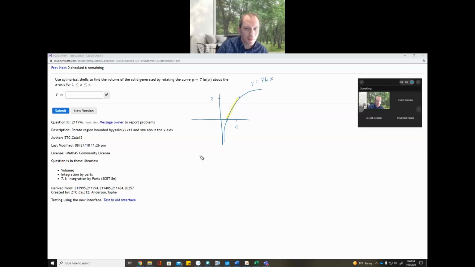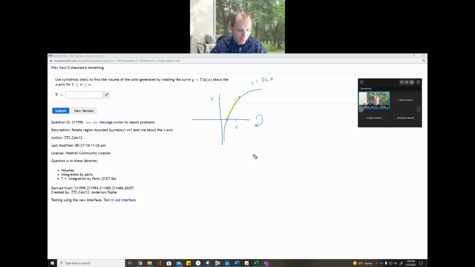Okay, and then we're rotating the curve about the x-axis. About the x-axis. Okay. One of the ways that I like to think about how to do problems like this.